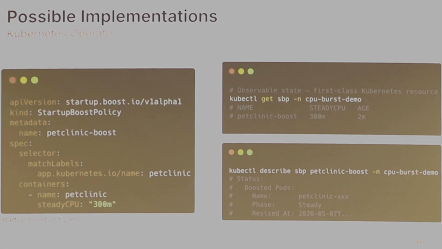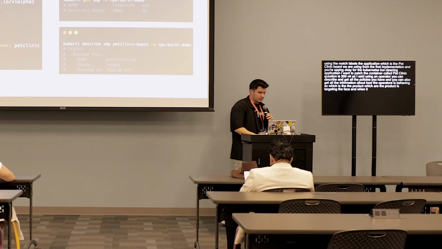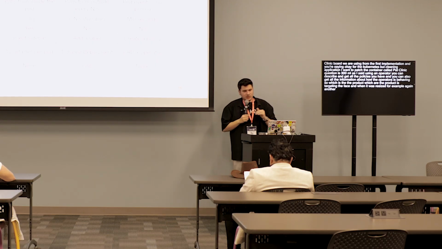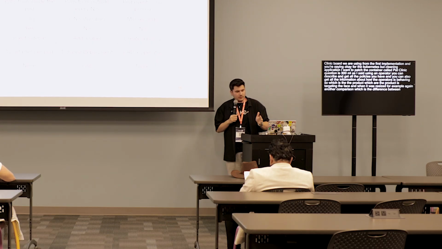As I said, using an operator, you can describe and get all the policies you have, and you can also get all the information about how the operator is behaving. So, which are the pods that it is targeting, the phase, and when it was resized, for example.